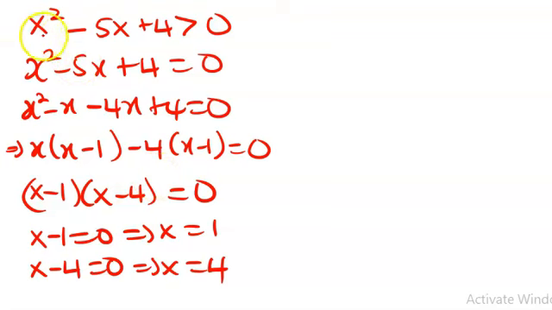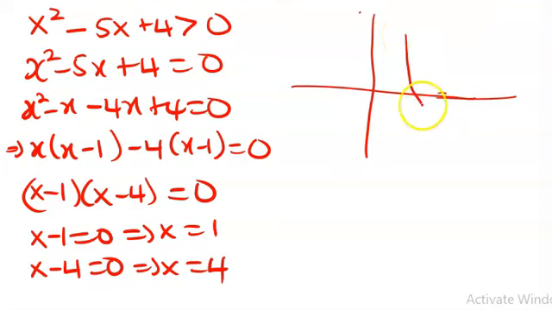Now, if you have a quadratic inequality and the coefficient of x squared is positive, then we are going to have a minimum curve like this. These are the points where the curve cuts the x-axis, so we put those points there, 1 and then 4. Good.